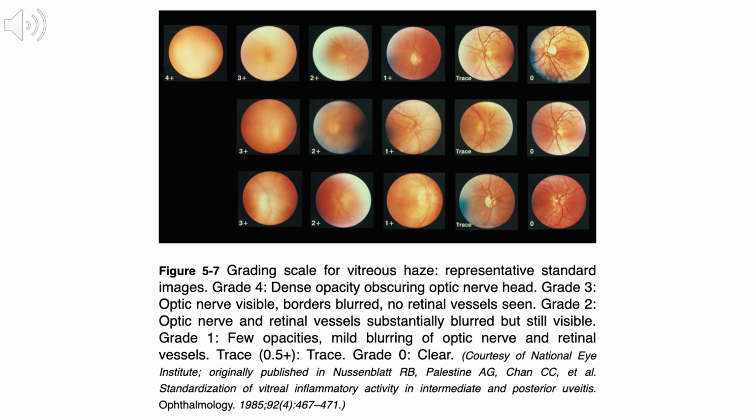Grade 2, the nerve and vessels are substantially blurred but still visible. Grade 3, the optic nerve is still visible, but its borders are blurred and no retinal vessels can be seen. And Grade 4 is dense opacity that obscures the optic nerve head entirely. The progression is essentially how much the media fog erases your view of the disc and vessels.